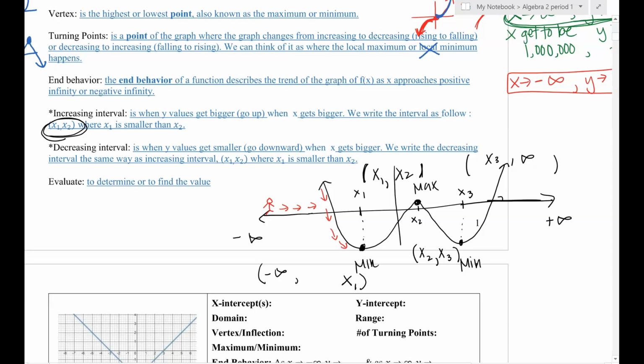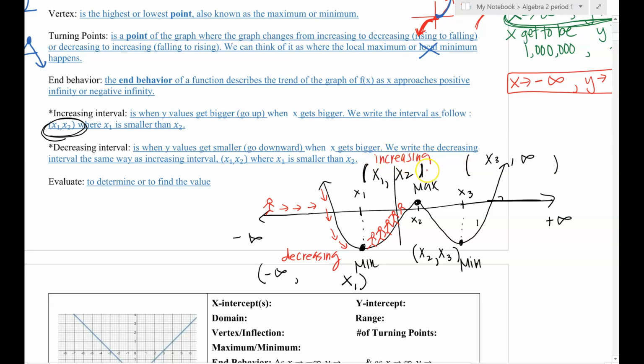So this first interval is decreasing because the y value is getting less and less. Then keep going. As you go, again, from left to right, what's happening? Are you climbing here? Yeah, you're working harder, right? You're going upward. So from x1 to x2 is the increasing interval.